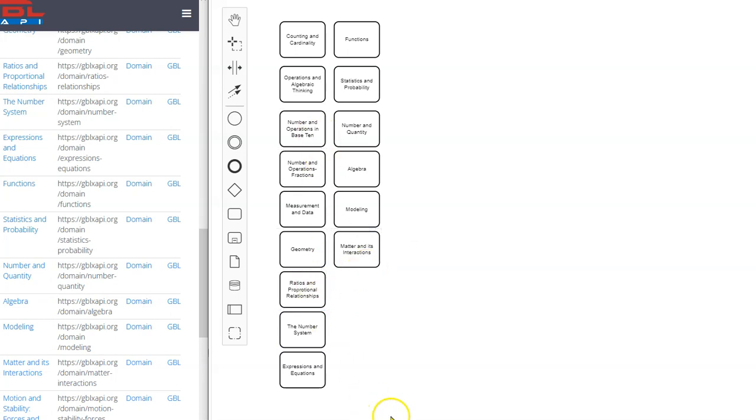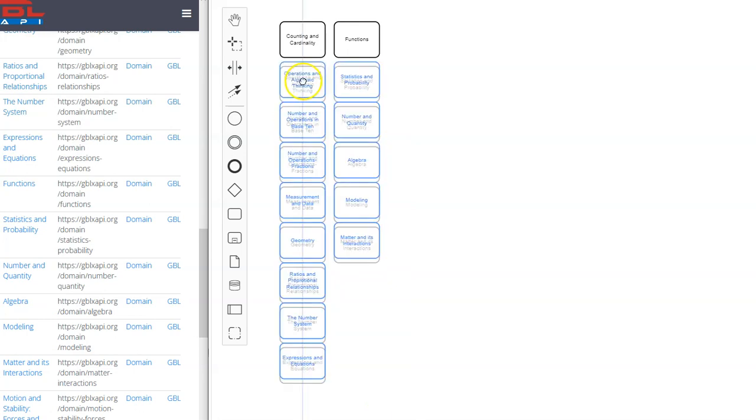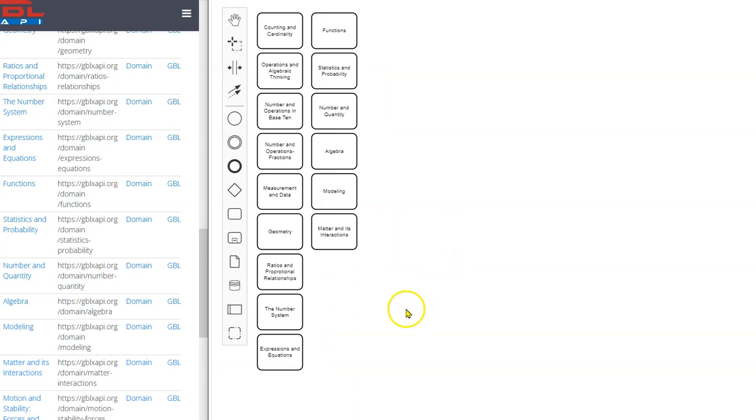So I think that these are definitely math related. And then I think here it starts to get a little bit science related. So let's maybe put that in another column.